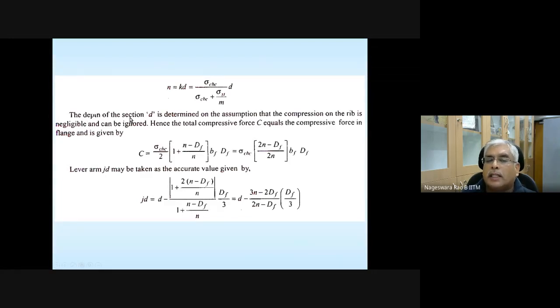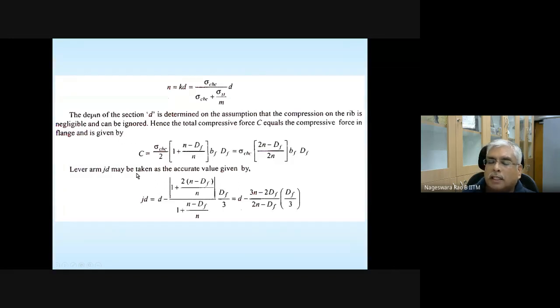The depth of the section is determined on the assumption that compression in the web is negligible and can be ignored. Hence, total compressive force equals the compressive force in the flange, and is given by this form. Where this resultant compressive force acts from the top edge, if you subtract that from the effective depth, you get the lever arm distance.